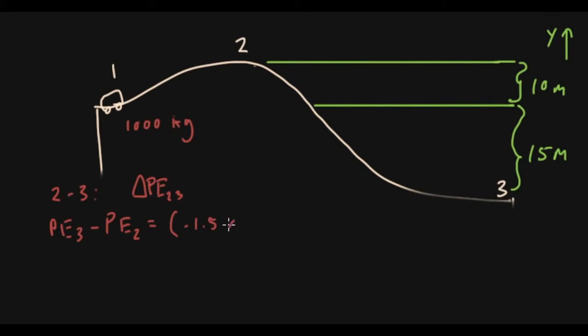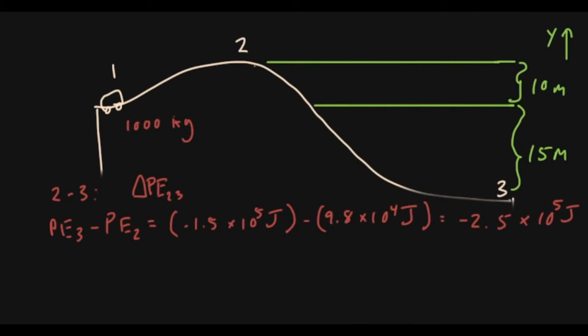Negative 1.5 times 10 to the 5 joules minus 9.8 times 10 to the 4 joules. So just subtract those quantities, we get negative 2.5 times 10 to the 5 joules. Okay, simple as that. So the potential energy decreased from this value to this value, and that's how much we lost.